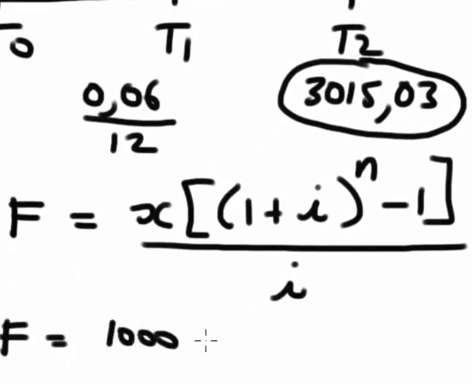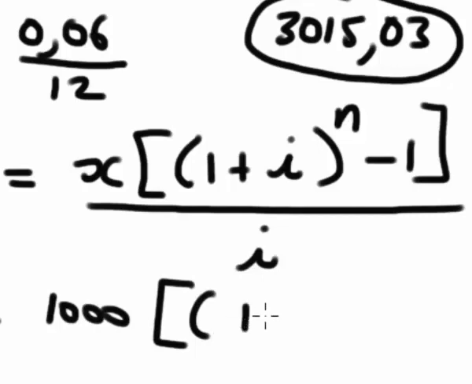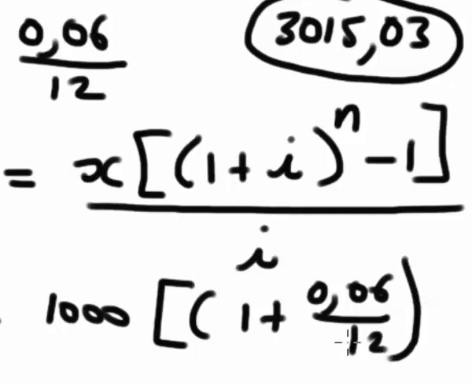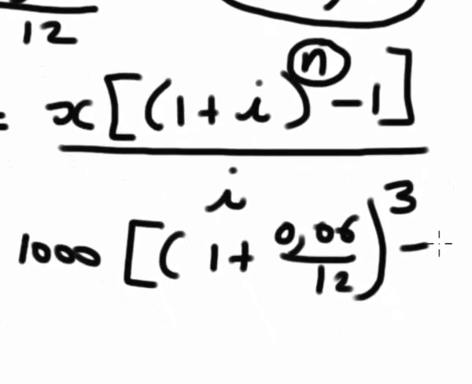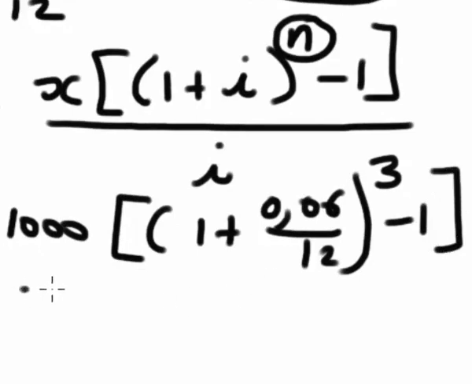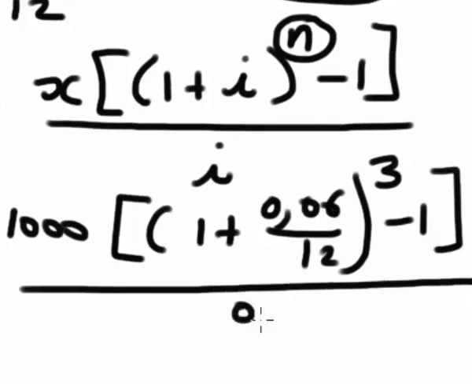Great. No problem. Into 1 plus the interest is 6% divided by 12, because we're talking of months here. Now the important thing is how many. This n represents the number of payments, which is 3, divided by the interest rate, 0.06 over 12.